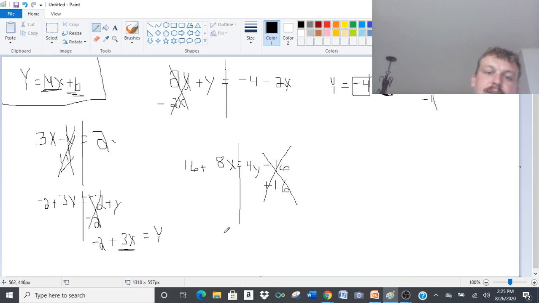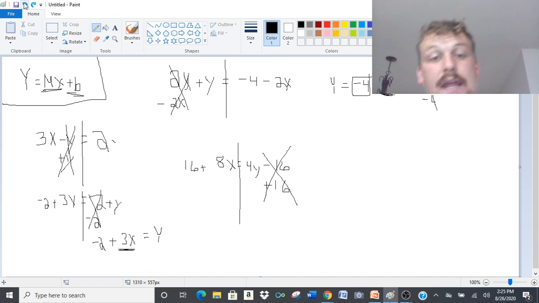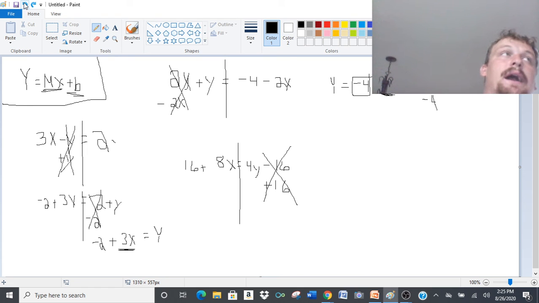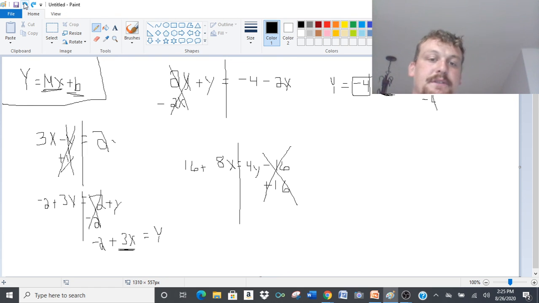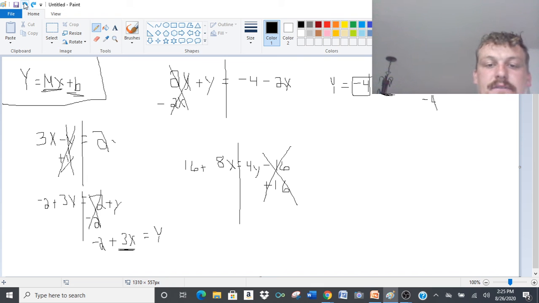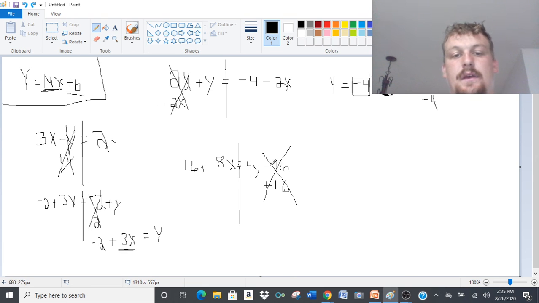16 + 8x = 4y right here. All right. So now this is what I meant when I said get the 4y all by itself. So now what is 4y basically representing? It's basically representing 4 times an unknown number. So this means technically multiplying.